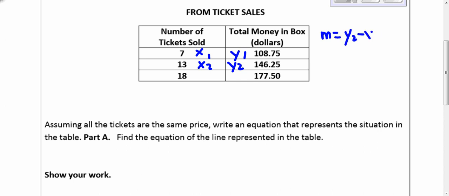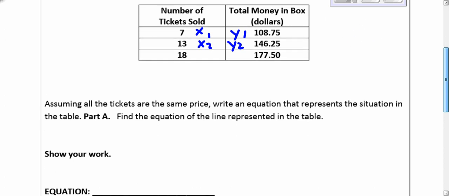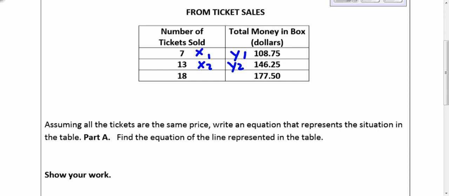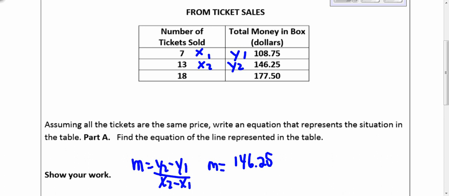Slope is y2 minus y1. And actually, I shouldn't even be doing it up here. I'm just going to do it over here, where it says show your work. M equals y2 minus y1 over x2 minus x1. I labeled already, so it was 146.25 minus 108.75, which is y1. x2 minus x1 is 13 minus 7.